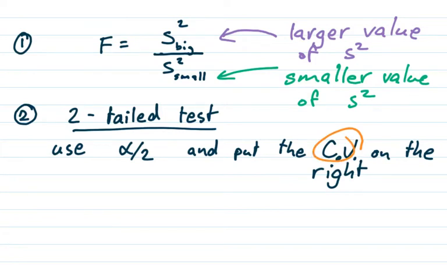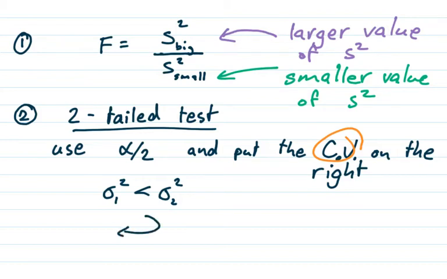If it is a left-tailed test, for instance, if we want to say the variance of this population is less than the variance of this population, when we're talking about the alternative or research hypothesis, this would be a left-tailed test.